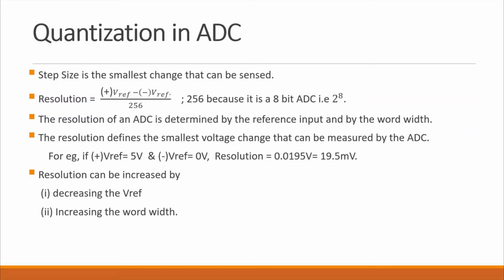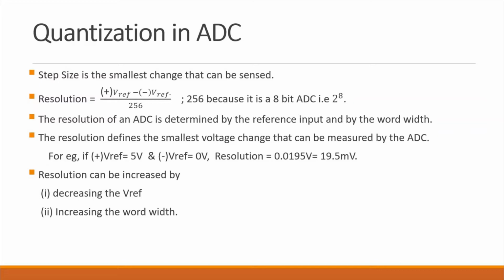If your ADC is 4-bit, the factor would be 16, 2 to the power 4. So always remember that the more the word length, the more precise the resolution. With a shorter word length, not much resolution can be achieved by that ADC. Clear?